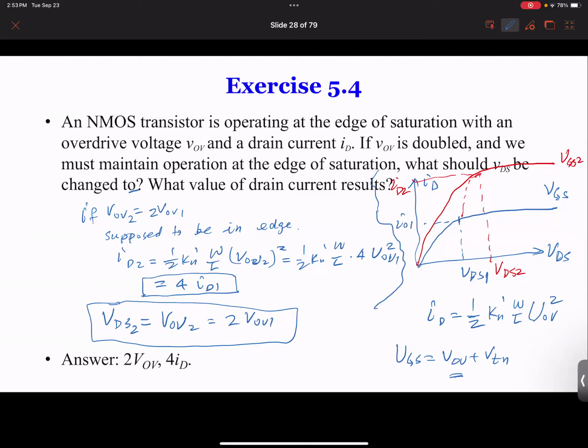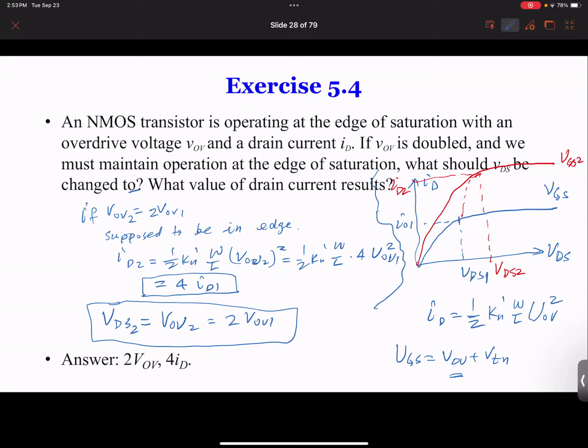So when VOV doubles, the current would quadruple, and the voltage doubles. This is all because of the nonlinear relationship of this MOSFET. Okay, and then we can move on to look at the next.